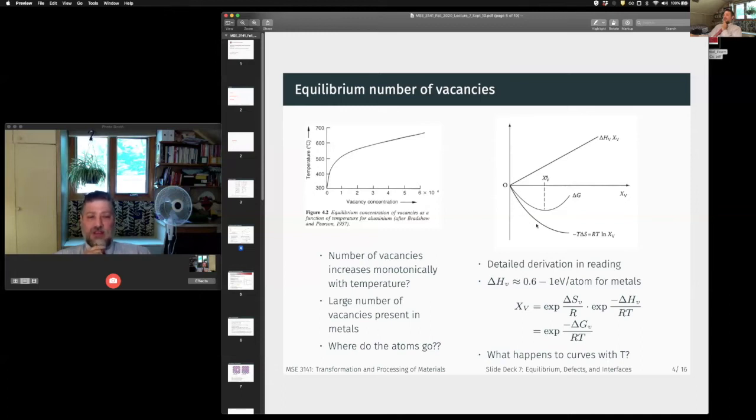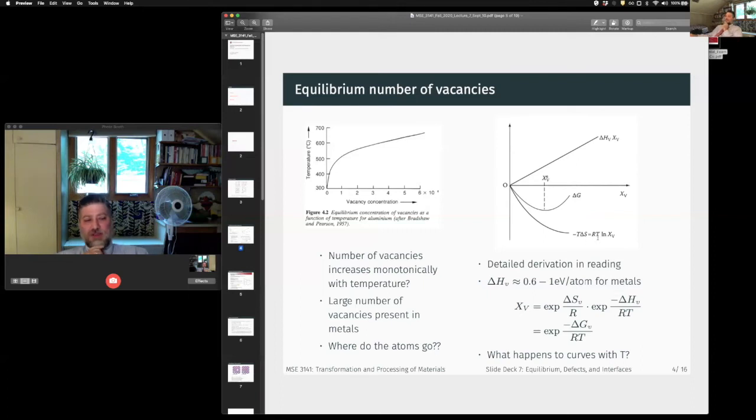But then the slope decays. The rate of entropy generation decays with additional vacancies. So we go through a minimum, and where the change in Gibbs free energy is at a minimum, this becomes our equilibrium vacancy concentration.